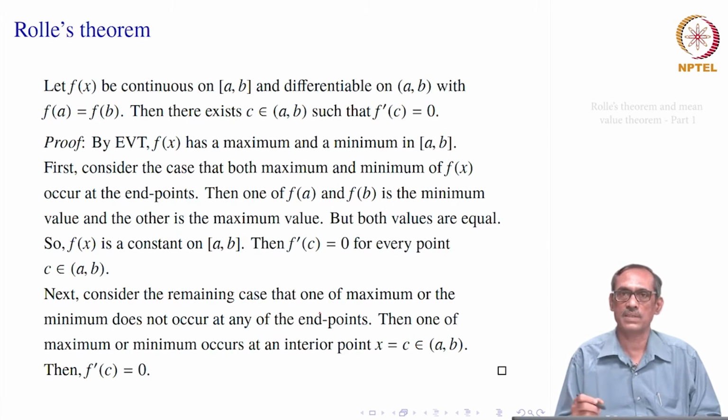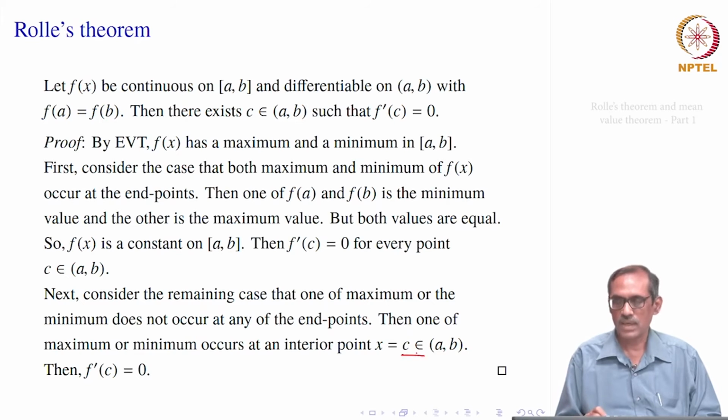Now, the other case, exclusive and exhaustive, which is not covered in that, is that at least one of the maximum or minimum does not occur at the endpoints. So, where does it occur? It occurs, because f is continuous on the closed interval [a, b], at a point, say c, where the maximum or minimum, whichever does not occur at the endpoints, occurs at an interior point. So, call that point c.